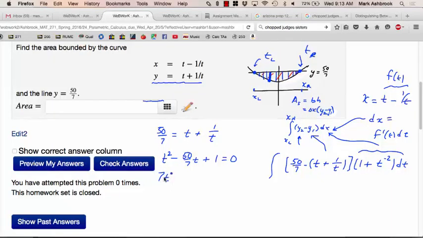And then I can multiply by 7 and hope that this factors. So we'd have 7t squared minus 50t plus 7. Does it factor? Looks like minus 7 and minus 1. But minus 7 here to get minus 49, minus 1 is minus 50. So we get t as a 7th.